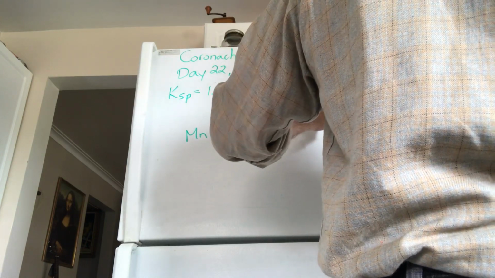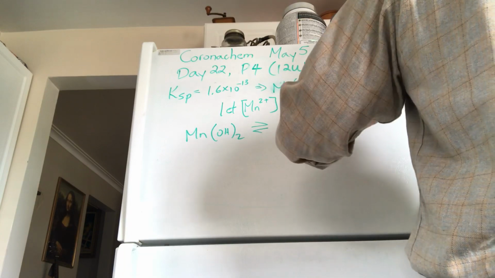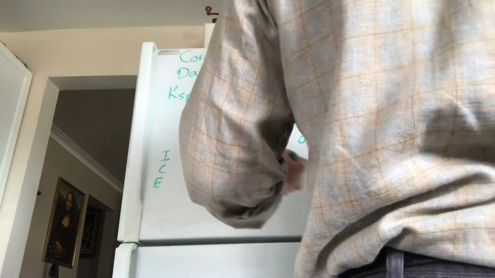And if we set up a nice table with the dissociation of the substance, it's a marginally soluble substance, so very little of it dissolves, but you get some. You can set up a nice table, and this part's not really important because that's a solid.